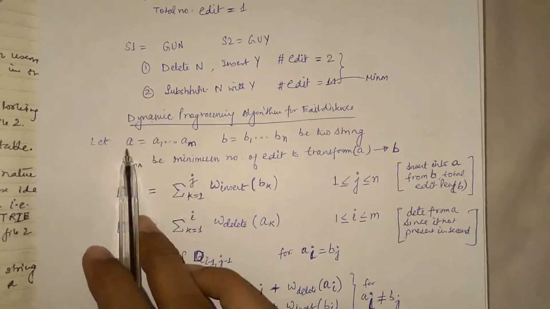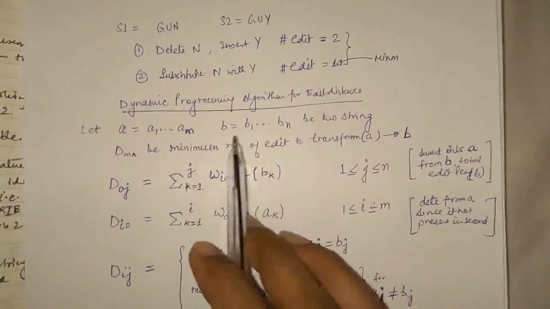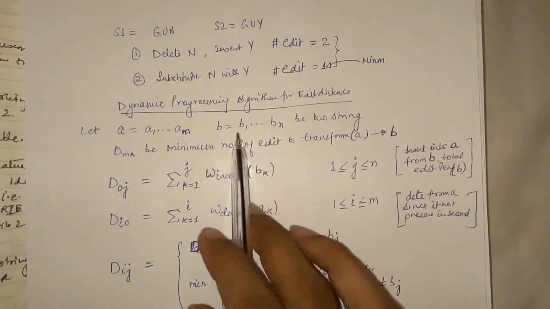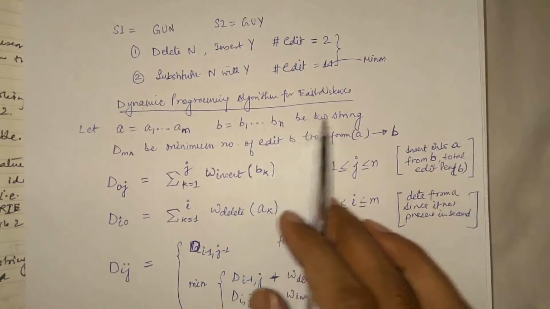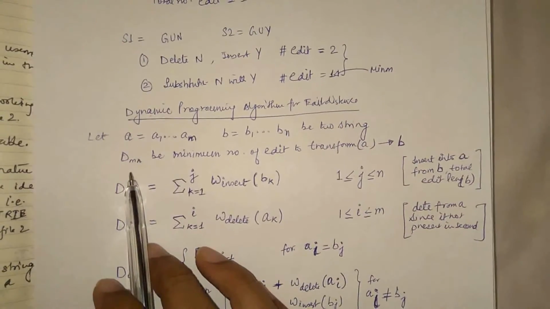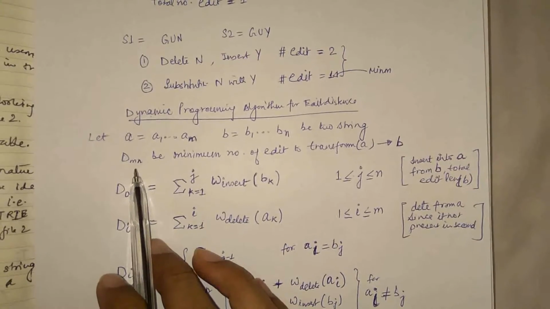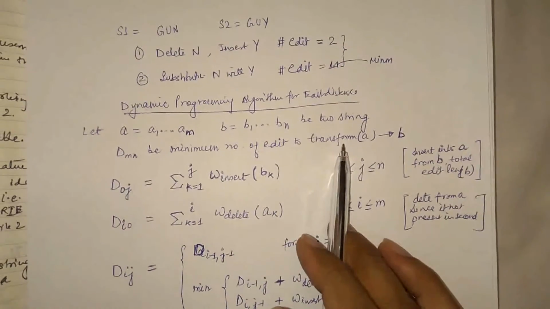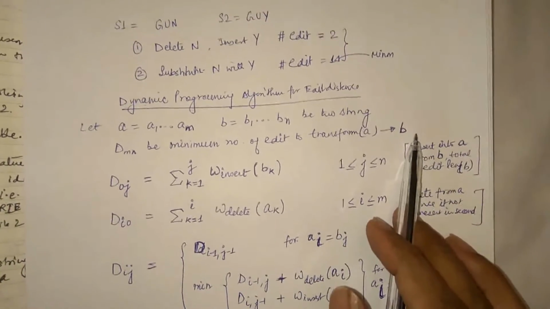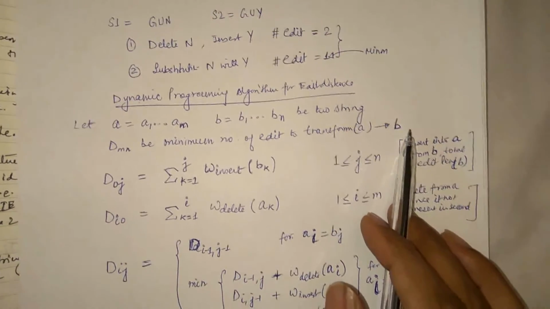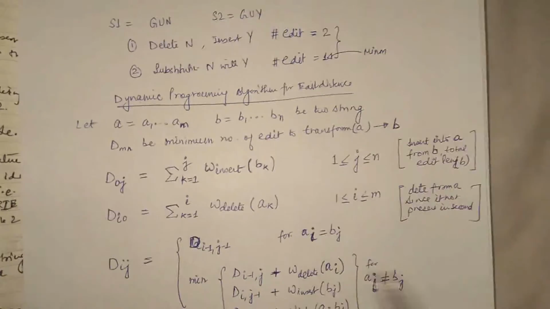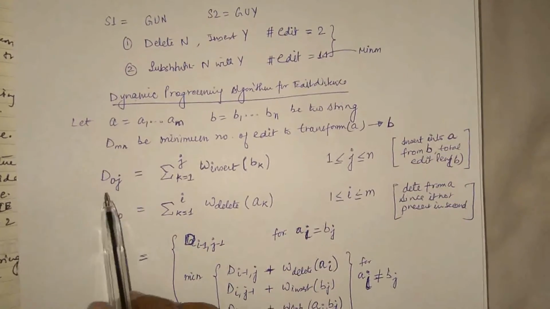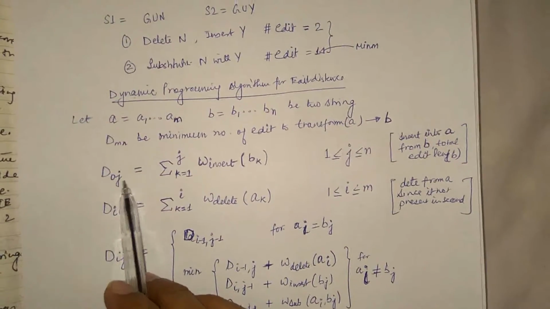So the length of this string is M, and another string B is B1 till BN, that is length N. Let us denote D subscript MN as the minimum number of edits to transform from A to B.